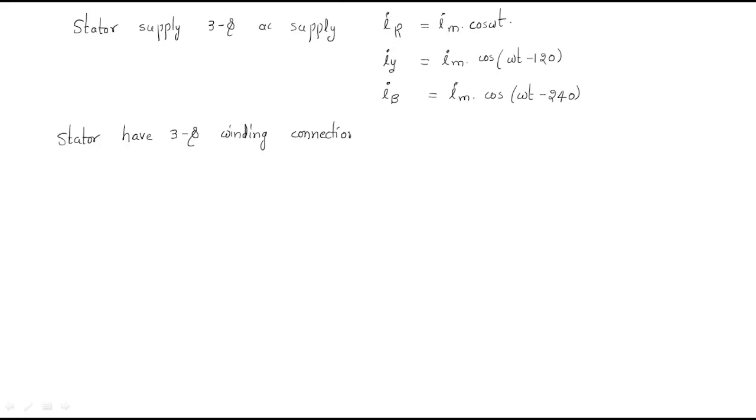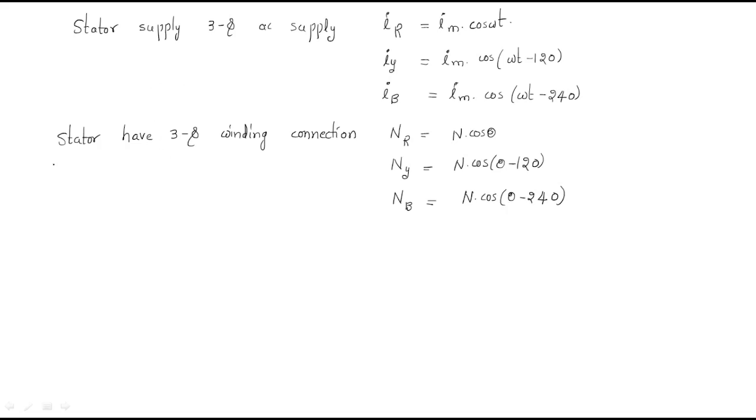For the first phase the winding is NR, which is N cos theta. For the Y phase the winding is N cos(theta minus 120), and for the other winding NB, you can take it as N cos(theta minus 240).